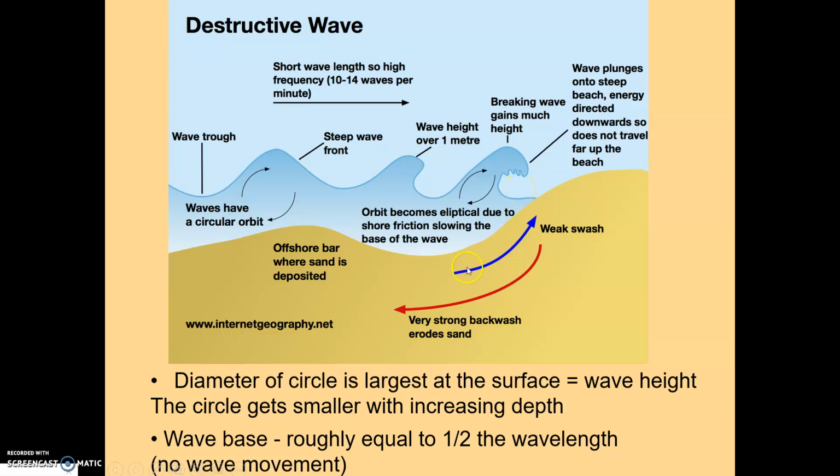You're going to have a very weak swash, but then as the wave crashes towards the beach, it's going to be sucked back, and that's the backwash, where you have your very dangerous rip current.